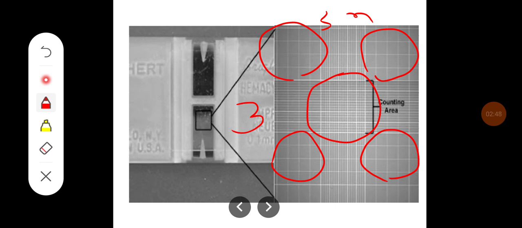This central square is divided into 25 small squares by triple lines to identify these chambers, and the intermediate squares are further divided into 16 small squares by single lines, where we will actually be counting RBCs. So RBCs are counted in 5 of the chambers of the central square.